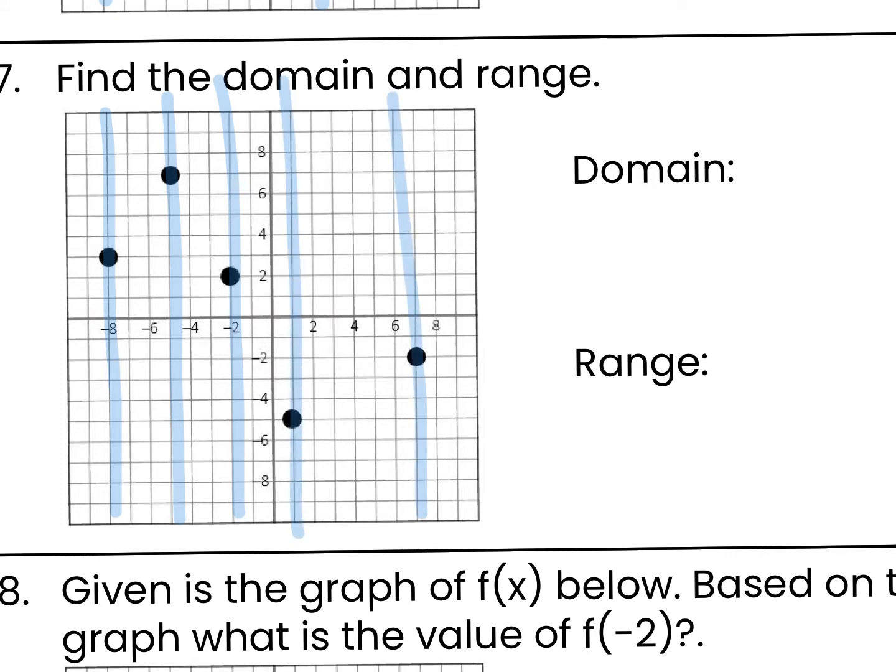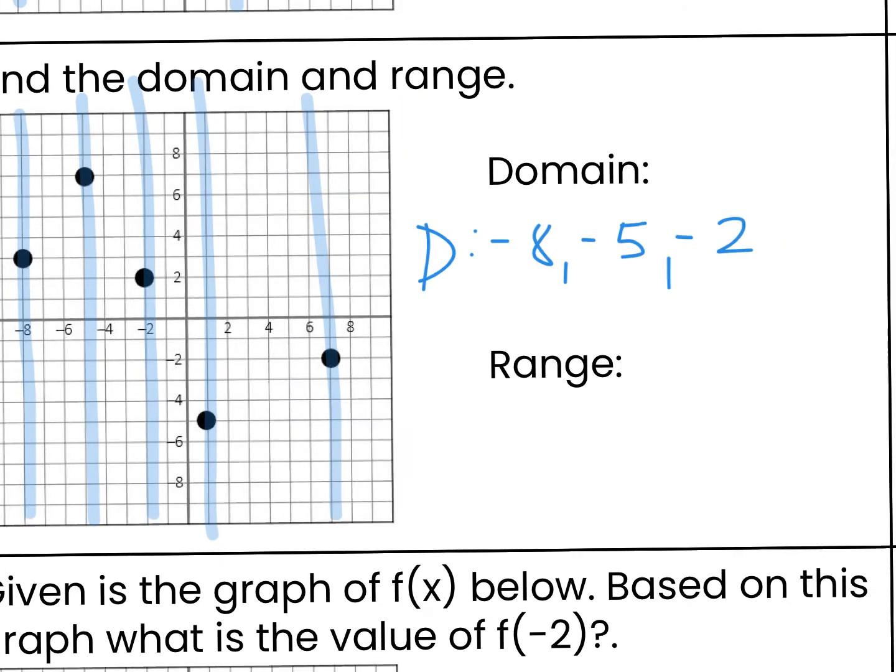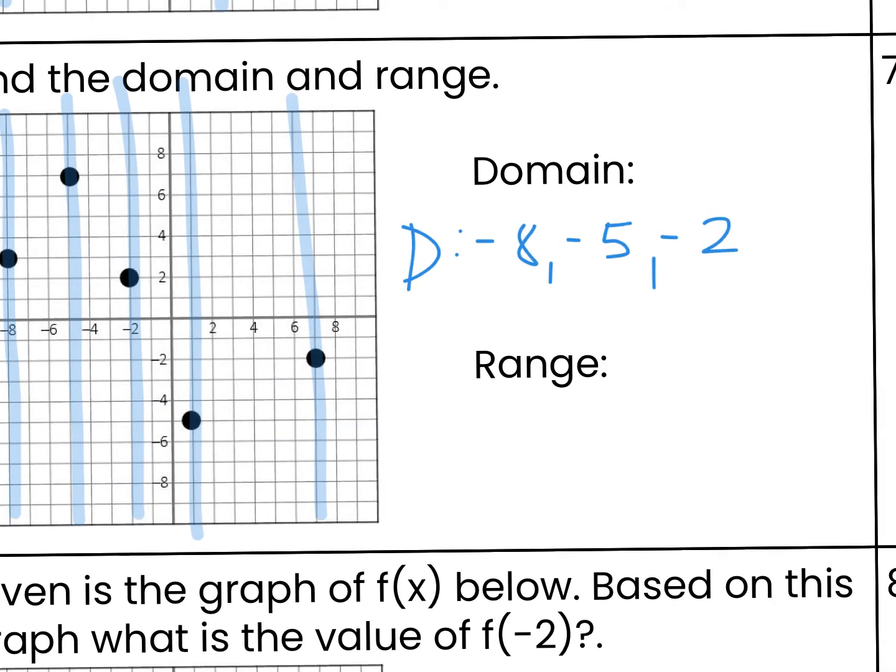So as you see here, my domain is 5 distinct points. So my domain is going to be -8, -5, -2, -1, and 5. Or sorry, 7.